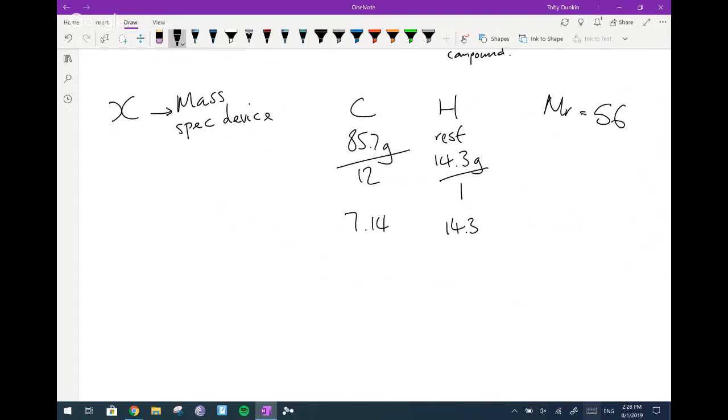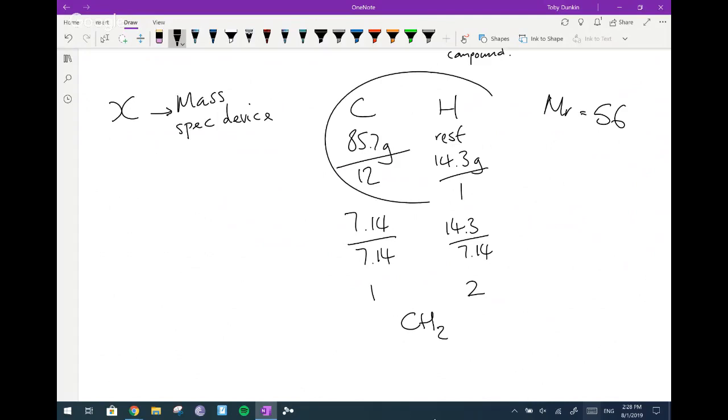I can divide them all by the smallest one. What that will inherently do is make one of them become the number 1, and in this case, it's carbon. So if I do 14.3 divided by 7.14, I get an exact number of 2.00, which is 2. So I get my final formula of CH2. There's my empirical formula, and I can do that purely from percentage data given to me by my mass spec device.